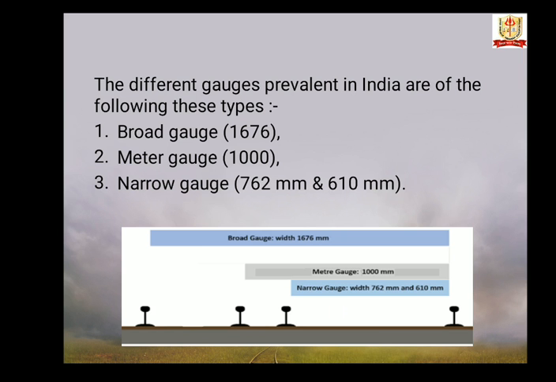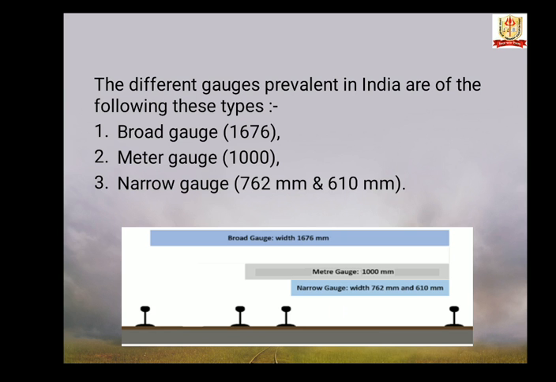Broad gauge: the clear horizontal distance between the inner faces of the two rails forming the track is 1.676 meter. This gauge is called broad gauge, also known as standard gauge. Meter gauge: the clear horizontal distance between the inner faces of the two rails forming a track is 1 meter.